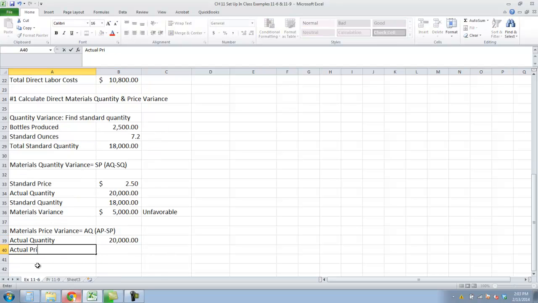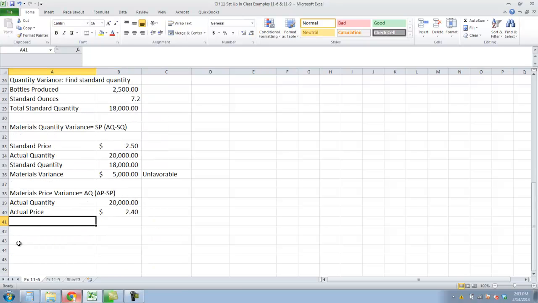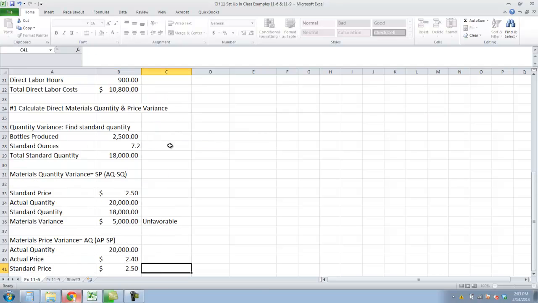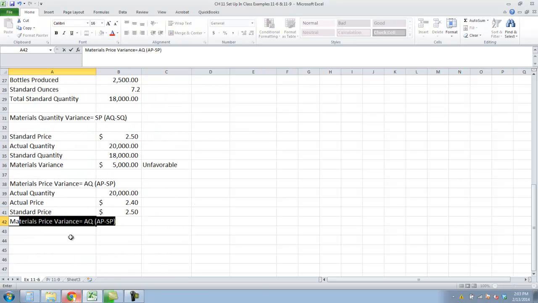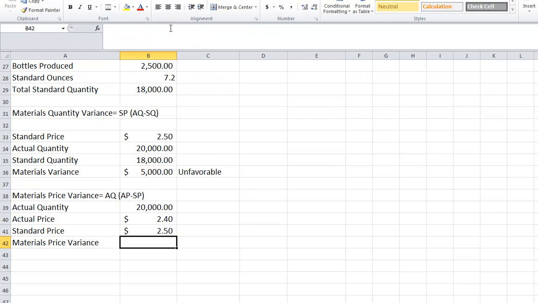Actual price was $2.40. Standard price was $2.50. So materials price variance is actual quantity times actual price minus standard price. And this is a favorable variance. That's because we paid less than our standard price.